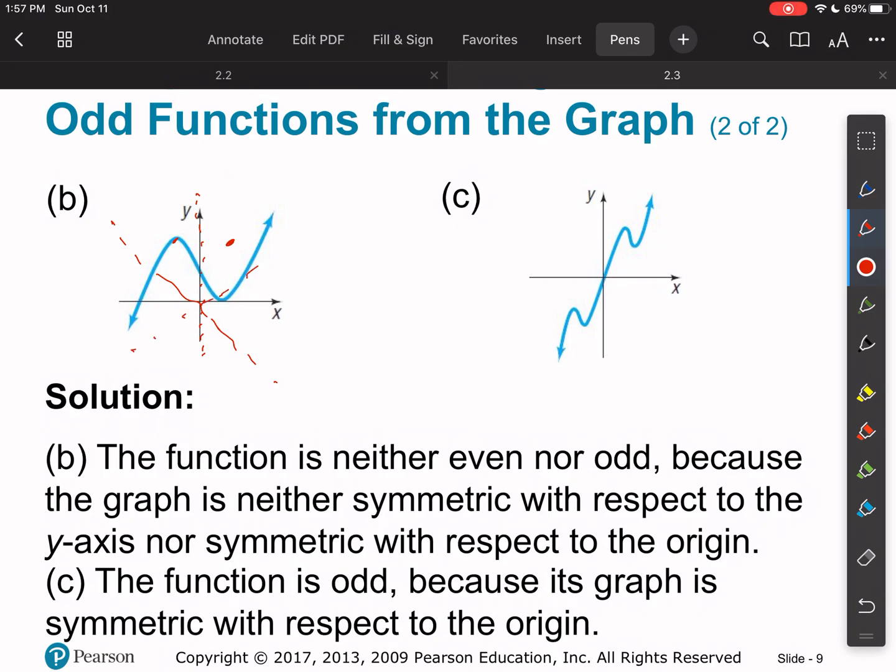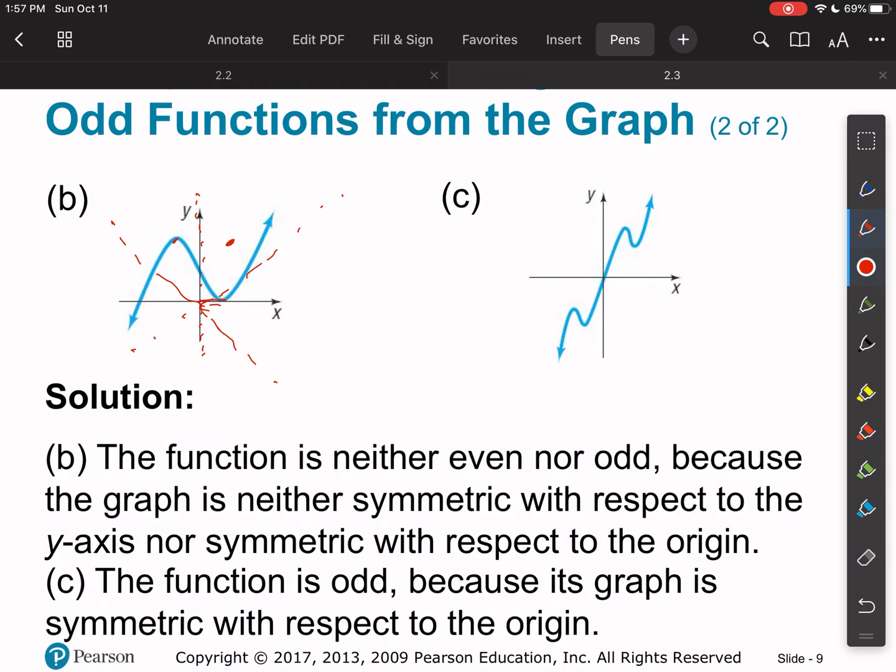If I look at this line, I don't have symmetry across that line either. Therefore, this is neither even nor odd. If this shifted to the left, then it could have been an odd function, but it is not since there's no symmetry.